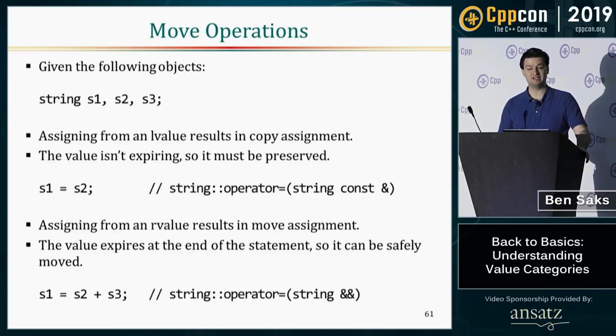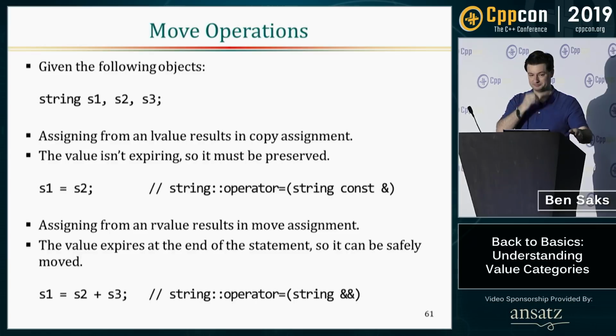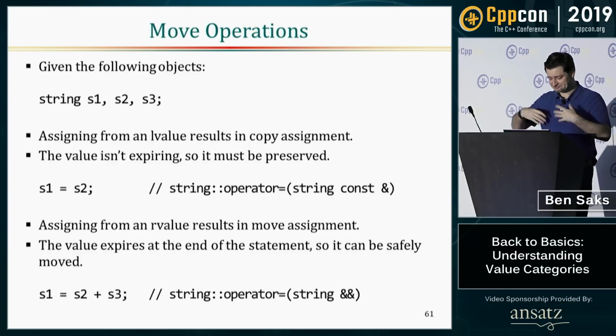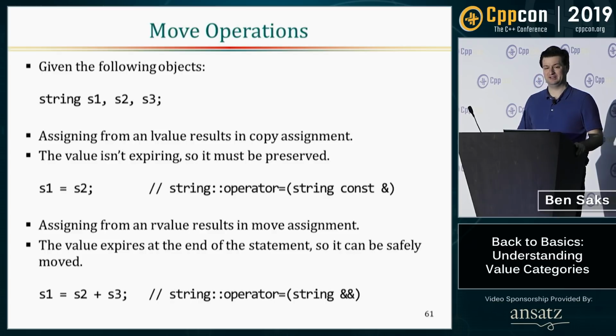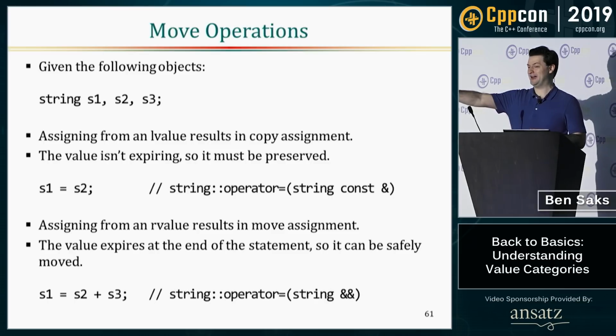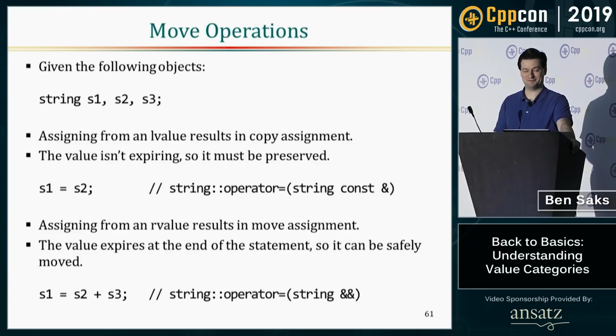So it's perfectly safe to move the value out of S2 plus S3 into S1 because S2 plus S3 is going away. I like to think of this as C++ providing a way for S1 to say, hey, are you going to eat that? Because if you're not, I'll take it.